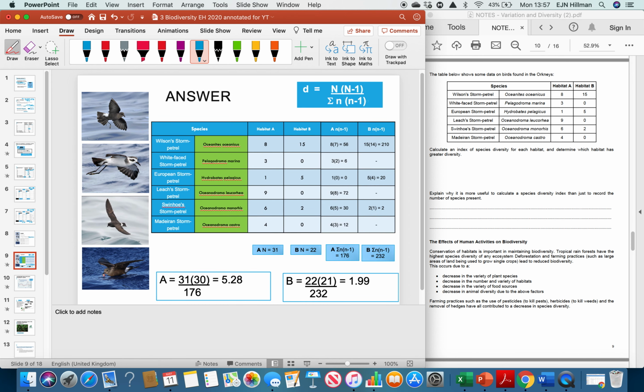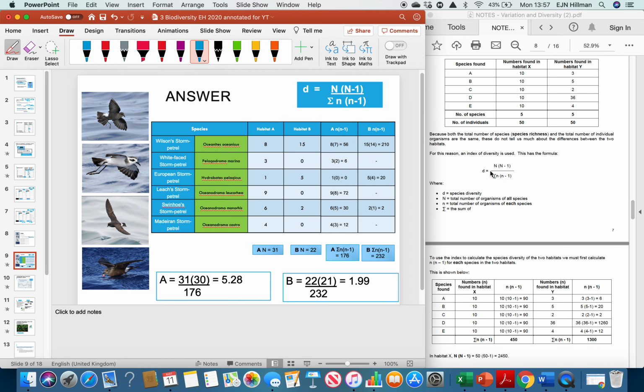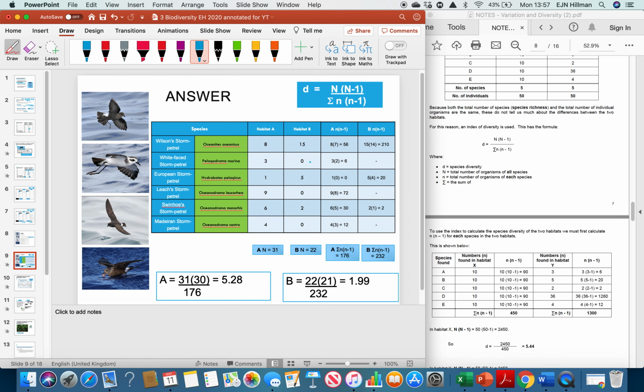So what we can find is, if we add up to find capital N, the total number of organisms of all of the species, in habitat A it is 31, and in habitat B it is 22.